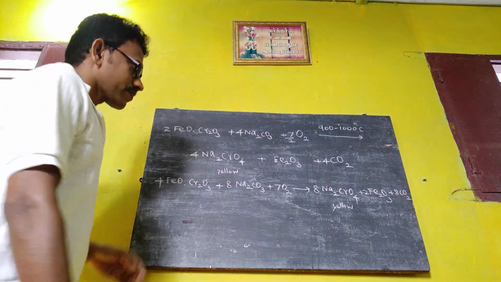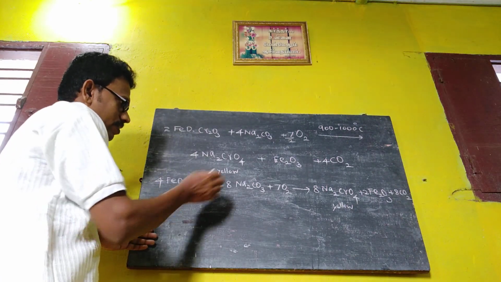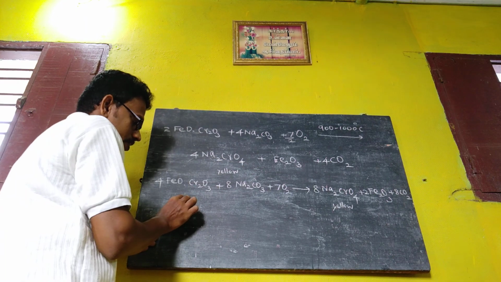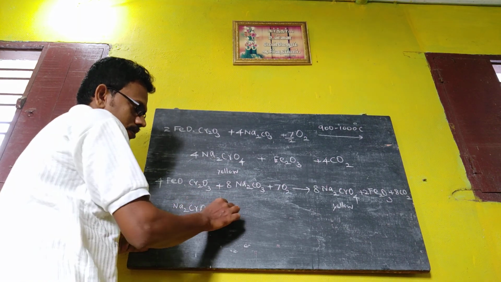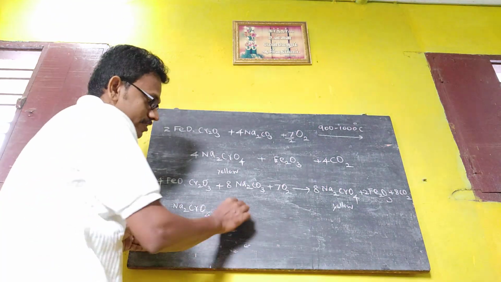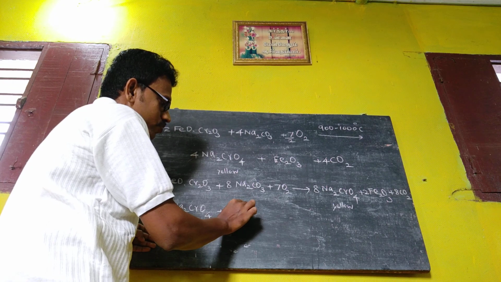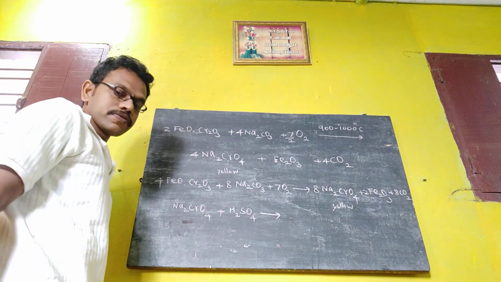Okay. Here, in this first equation, we get the main product, sodium chromate. Next, the main product we should write again, because the chromium is present here. So Na2CrO4 is treated with sulfuric acid. What's the formula for sulfuric acid? H2SO4. Okay.